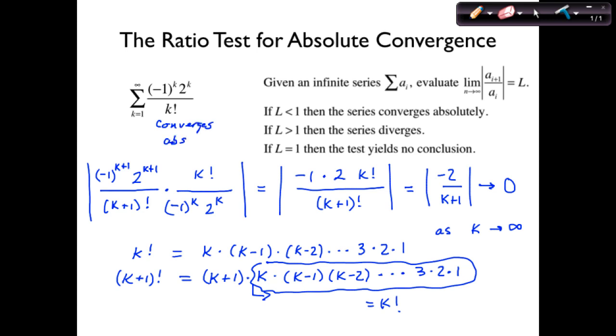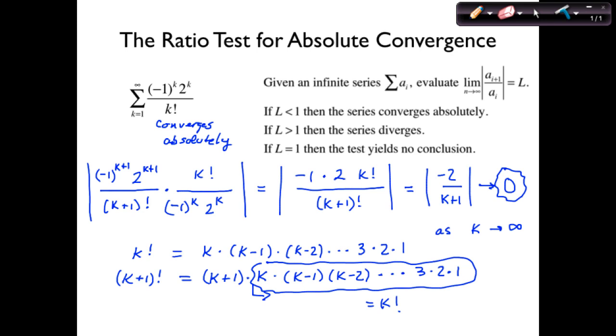And so what can we say about this series? What did this number tell us about the series? Besides the conclusion of converges absolutely, what kind of added information do we have about the series, knowing that this limit of these ratios was 0?